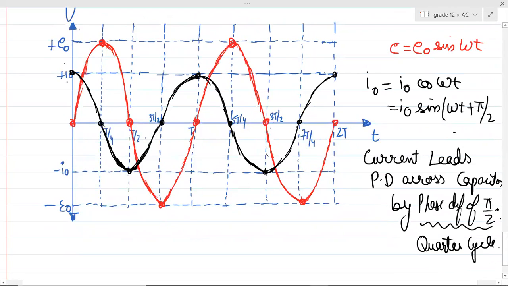Once you're done with the diagram, guys, please tell me. We'll explain some points regarding how to read it directly from the graph. Just by seeing the graph, you will understand that this is the capacitor and this is the inductor.